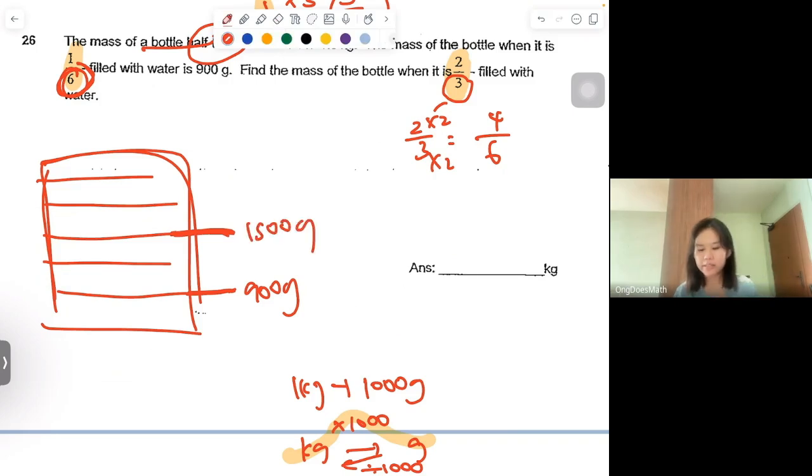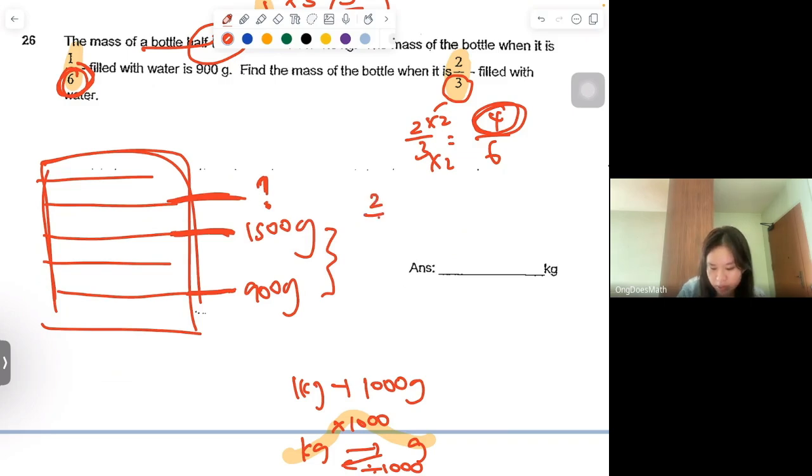Okay, so now they want you to find the mass of the bottle when it's 2/3 filled with water. So what happens to the mass when the water level is at the 4th marking? Because it's 4th out of the 6 markings. So this is the question mark we need to find. Can you see that if we take 1500 gram minus 900 gram, we can find out how much 2/6 water weighs?